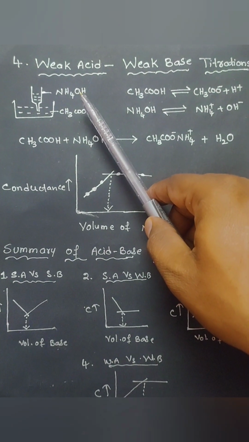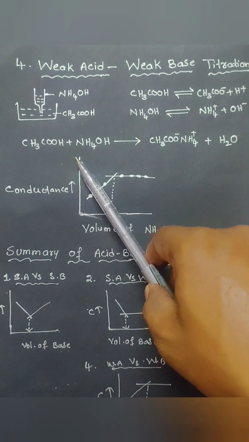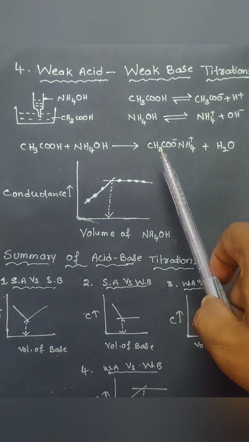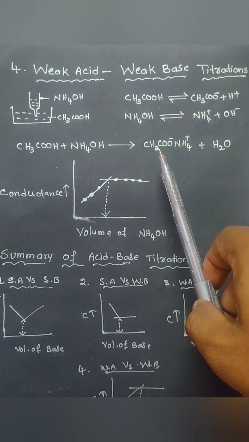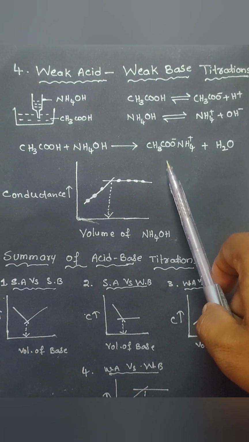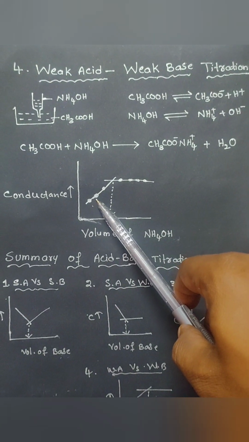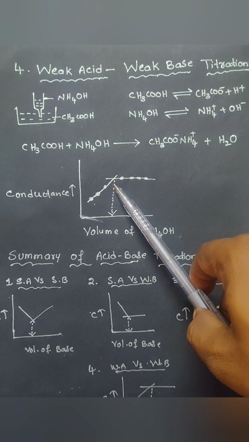the ammonium hydroxide, that means a weak base, a neutralization reaction takes place and ammonium acetate salt is formed, and the salts are highly ionizable, so that's why they increase the number of ions. As a result, we observe an increase in the conductivity of the solution.